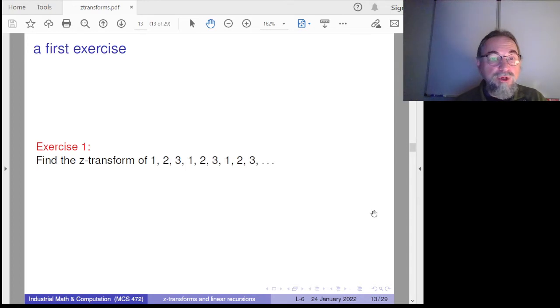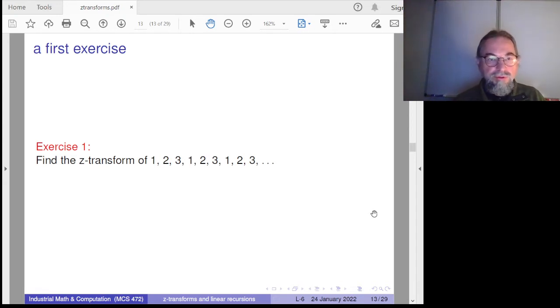you can use that property to write the first exercise. So we have a repetition, 1, 2, 3, 1, 2, 3, 1, 2, 3. We know the z transform of 1, the z transform of 2, the z transform of 3. So you can combine them, and they are written with a delay and a repetition.